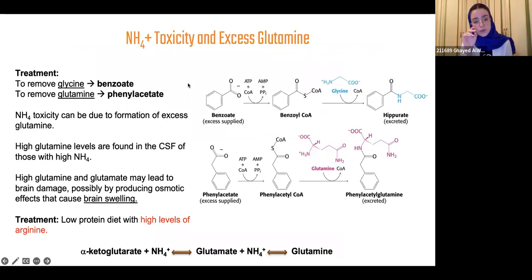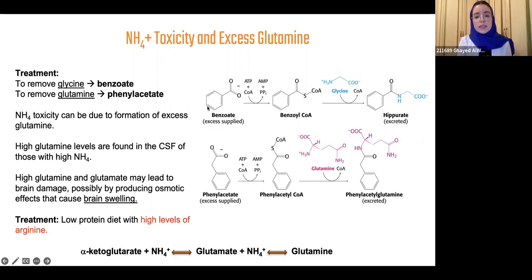Okay, so we said that we have elevated levels of glycine as well as glutamine, right? And so if something is accumulating in the body, then we need to give that person a specific form of treatment that allows us to get rid of that, right? So if we have elevated levels of glycine, we can give something known as benzoate.